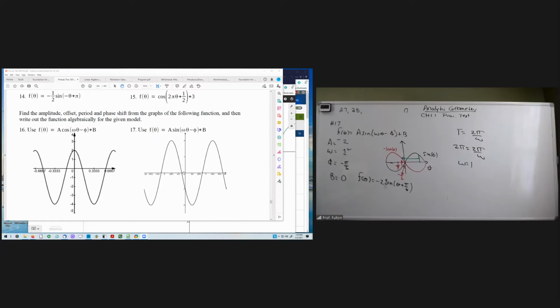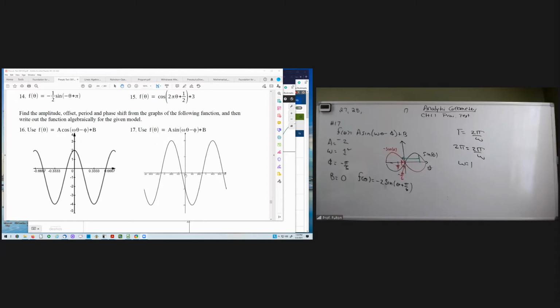Now, I could also go from here, if I wanted to, and I would get rid of the negative. I wouldn't have the negative in front of the sine function, and say this is 1 pi over 6, 2 pi over 6, which is pi over 3, 3, 4 pi over 6, 5 pi over 6.